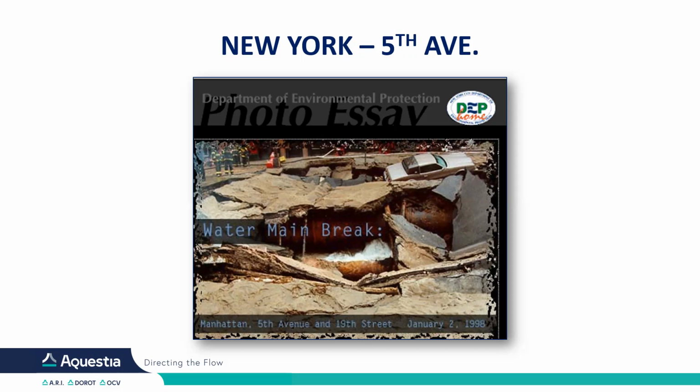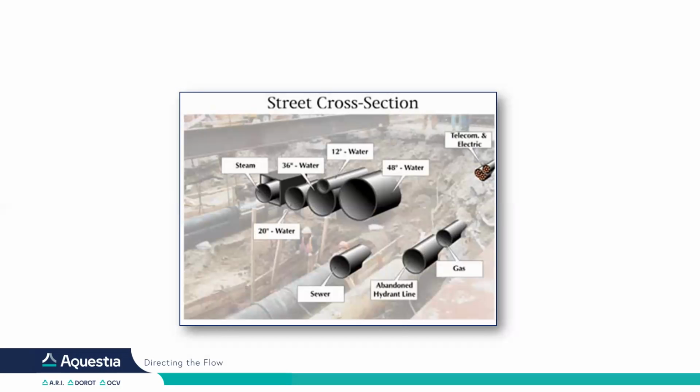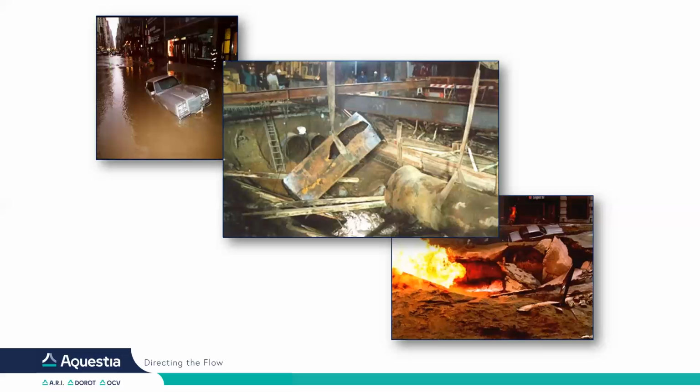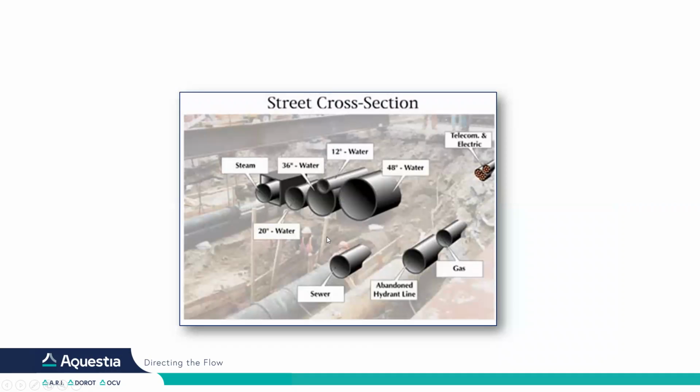So that day, you have lots of small pressure transients, downsurge, upsurge, and eventually what happened is a big burst of water, as you can see in this picture, the Fifth Avenue was completely flooded with water. And if we look, that's the street cross section. That was the 48-inch water main pipeline.